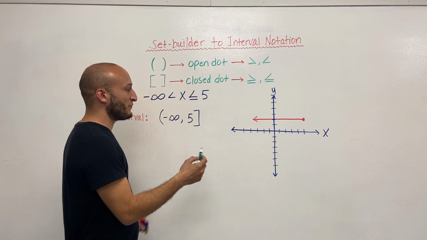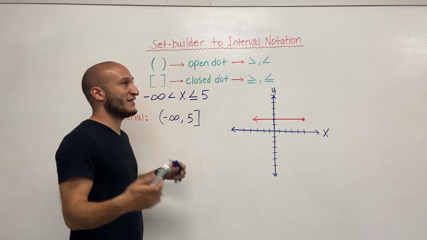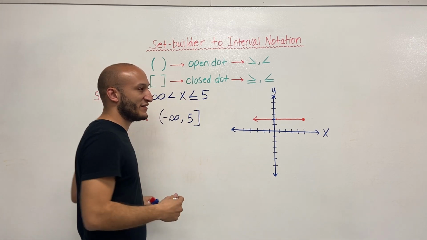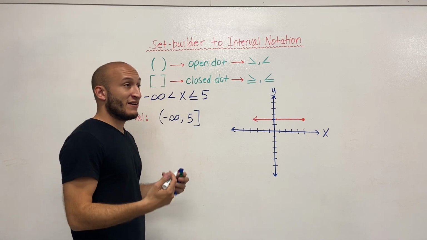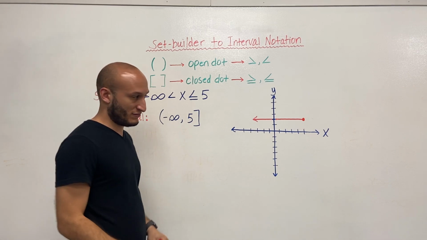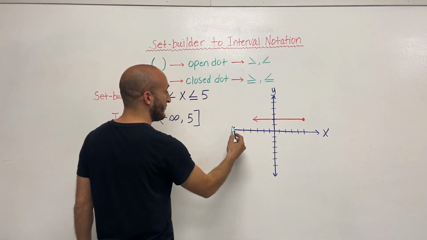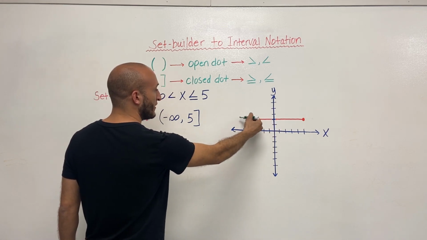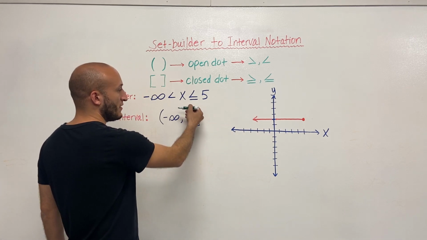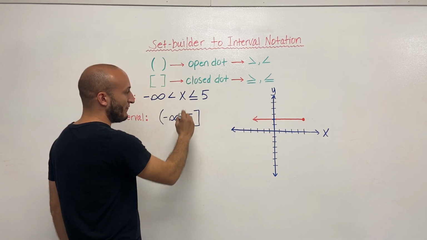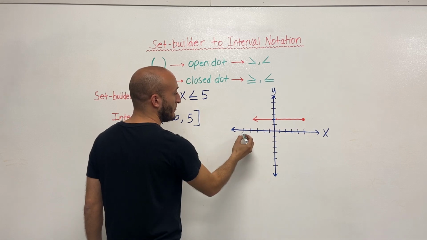But let's pick a value that's really far down this line, let's say negative 1 million. At negative 1 million, will you see this graph? Well, if I kept going, I would see a value of this graph at that point.